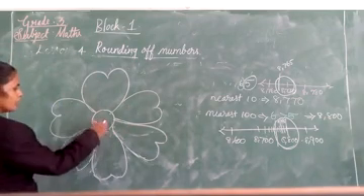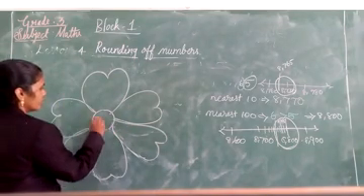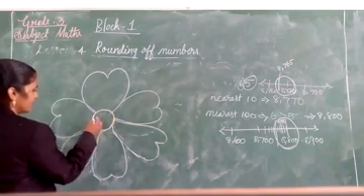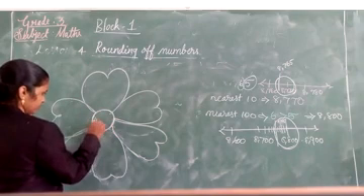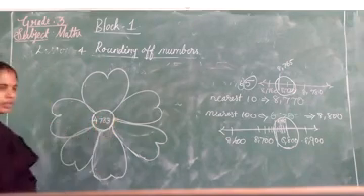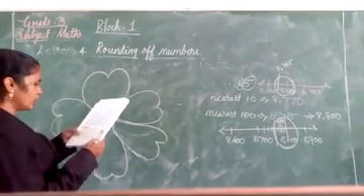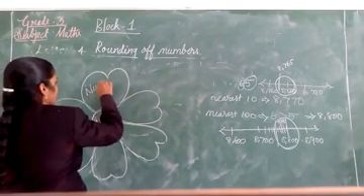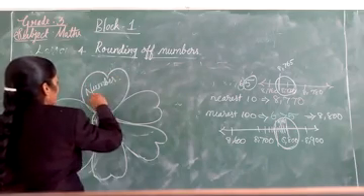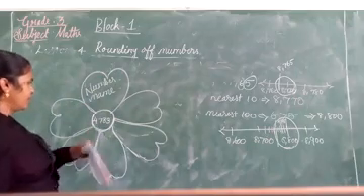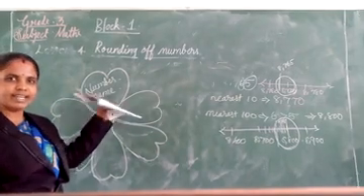In the center, what you have to write? For example, here I am going to write one number, that is 4783. In one petal, what you have to write? You have to write the number name of 4783.